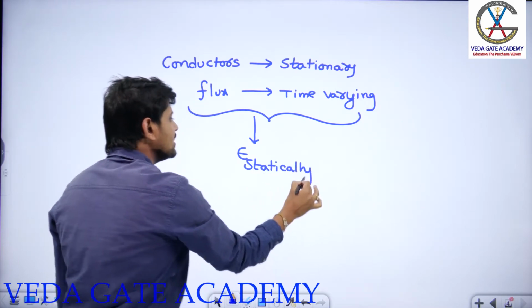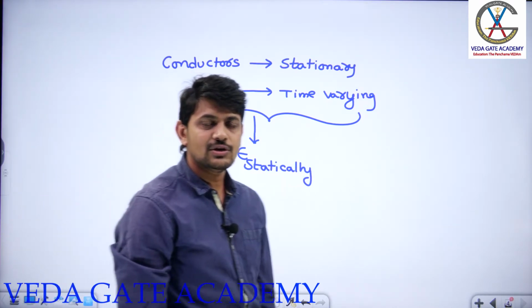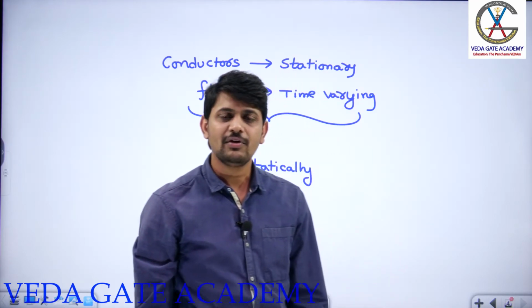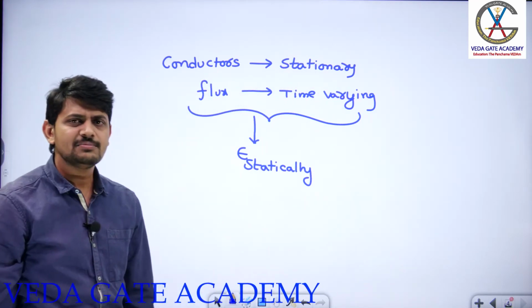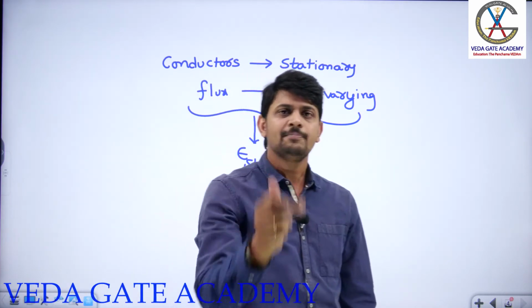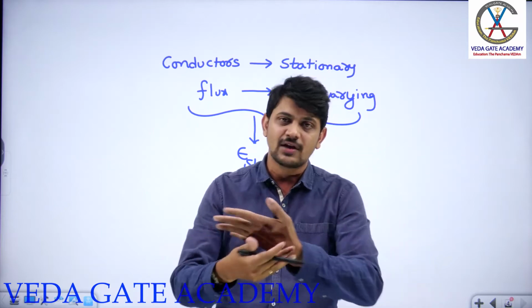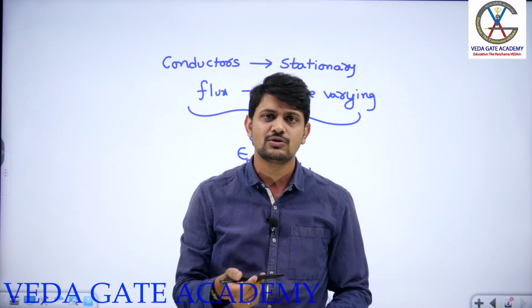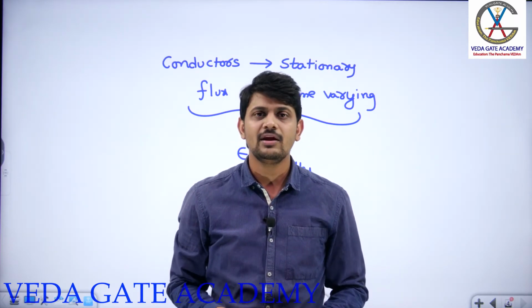And my dear friends, in a transformer, the kind of EMF that gets induced is statically induced EMF. Whereas if you take a DC machine, in DC machines the conductors are moving inside a time invariant magnetic flux, because we are giving a DC supply, so the flux is time invariant.